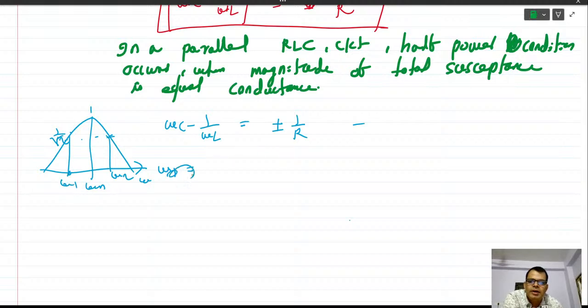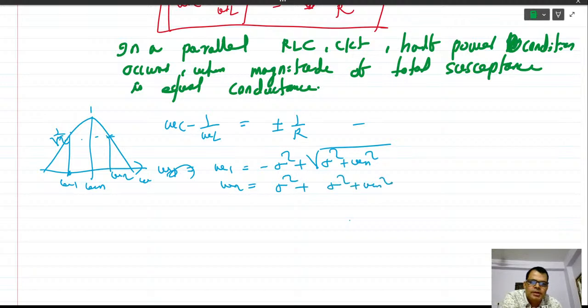So omega 1 is equal to, I have told you, minus sigma plus root over sigma square plus omega n square, and omega 2 will be sigma plus root over sigma square plus omega n square. For parallel RLC circuit, sigma is equal to, for series it was R upon 2L.